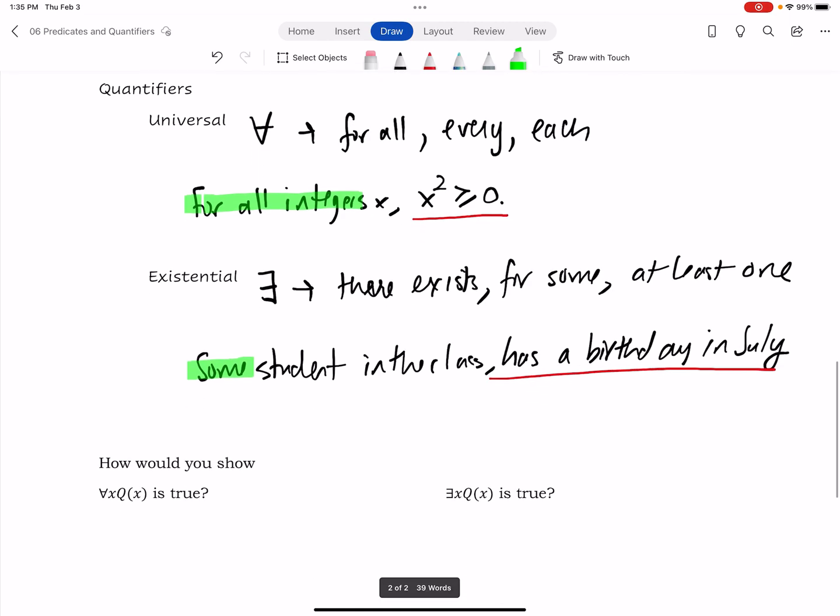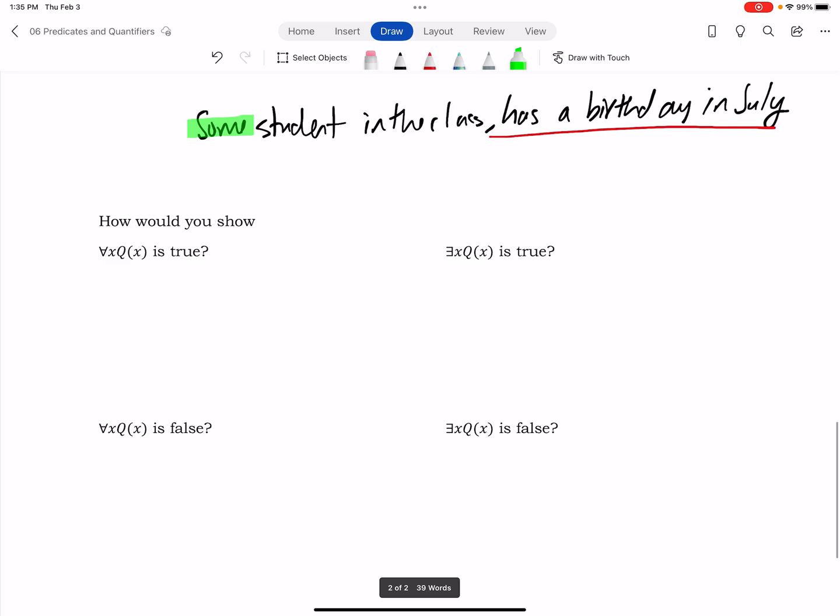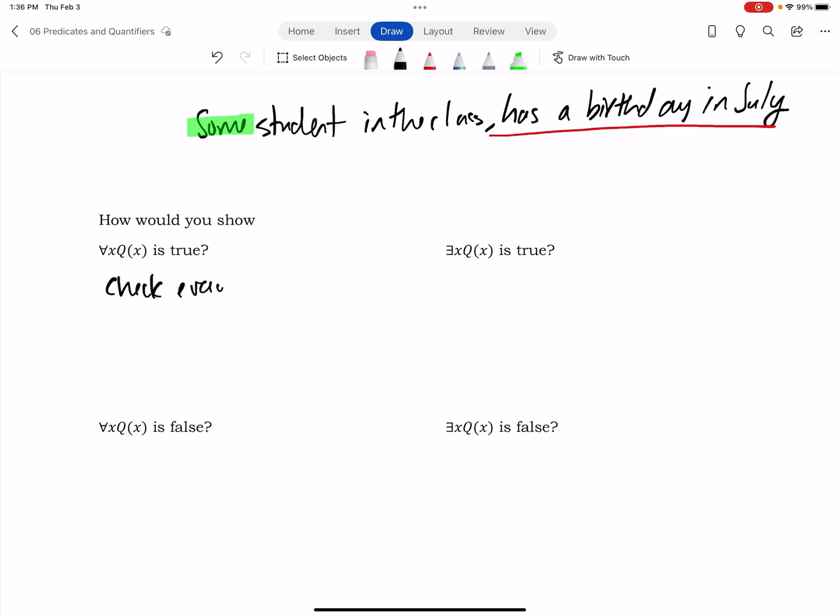So what you want to think about is how would you show that for all x, Q of x is true, or how would you show that for all x, Q of x is false? When you have the universal quantifier, how would you show for all x, Q of x is true? You would do that by checking every value in the predicate and making sure it's true.